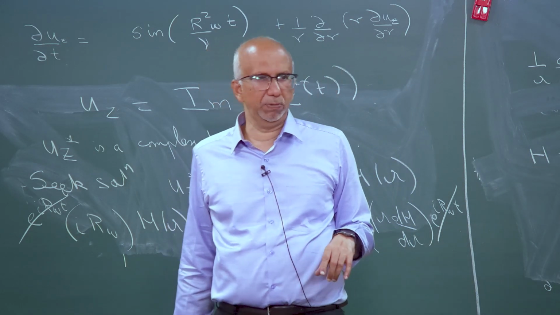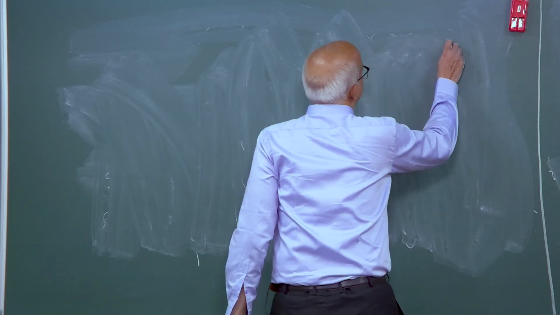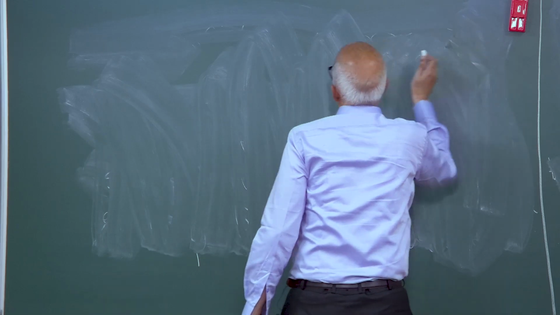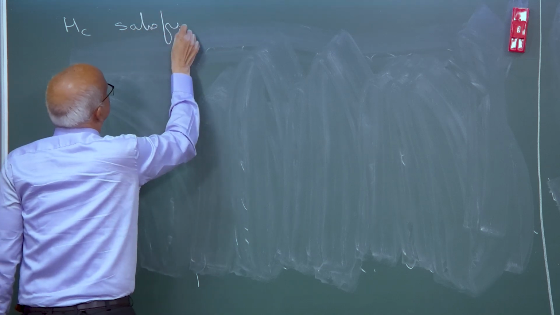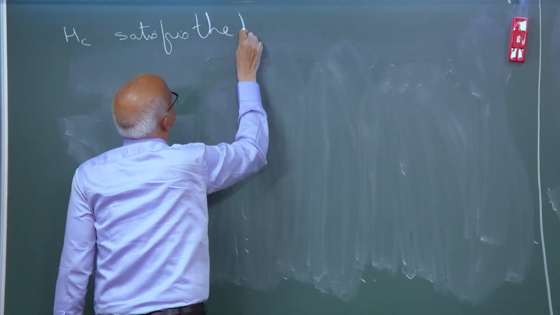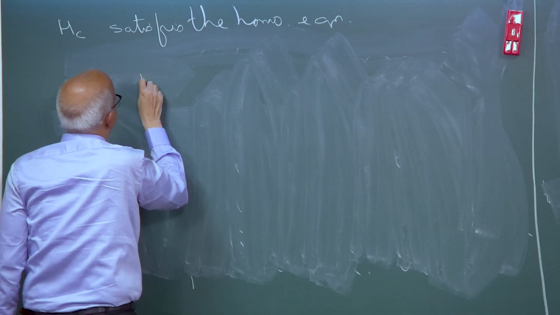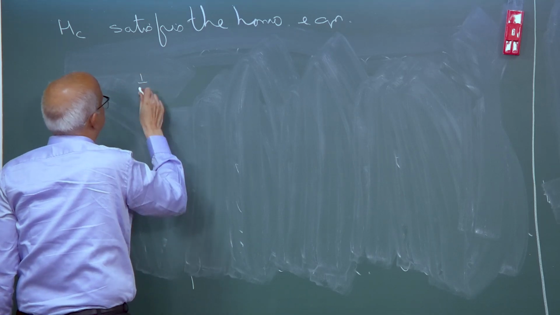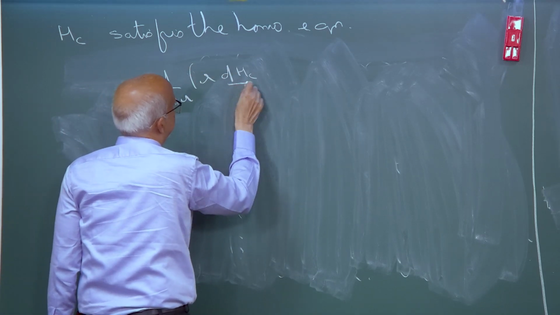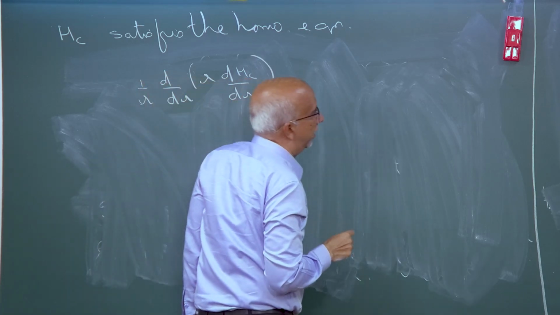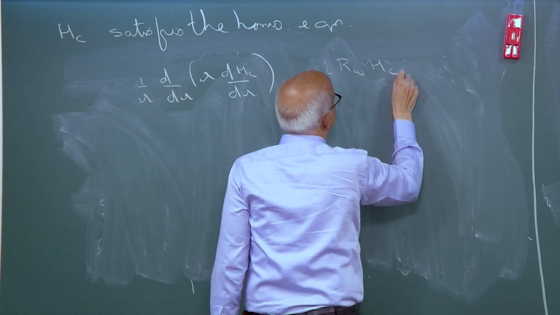So, now I need to find the complementary function which satisfies the homogeneous equation. So, H_C satisfies the homogeneous equation. What is that? 1 by r, I am going to expand that out. Let me do it step by step. Minus IRW H_C equal to 0.